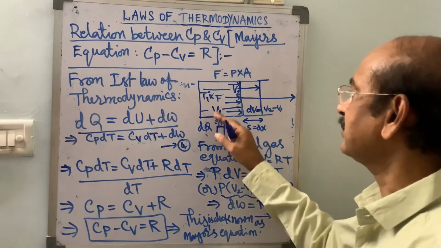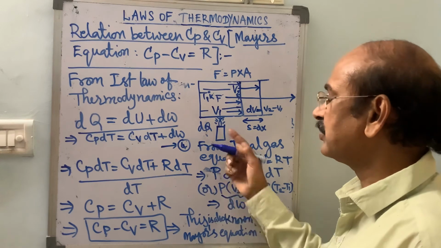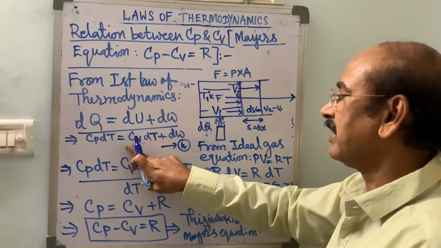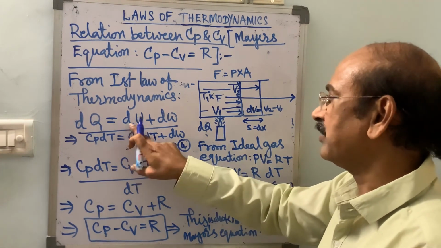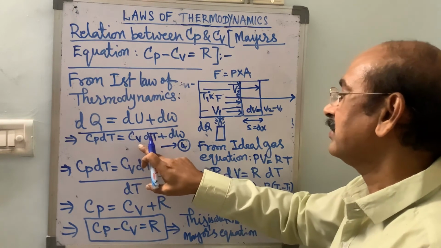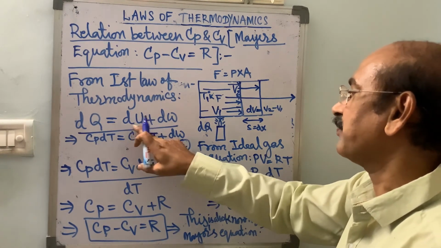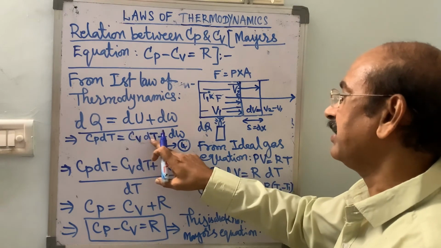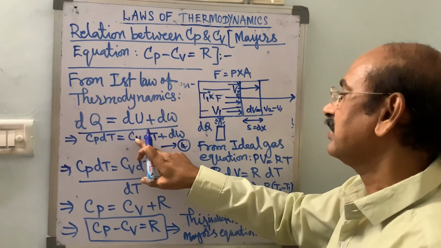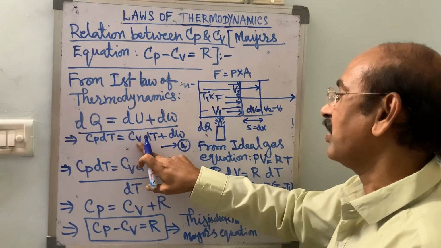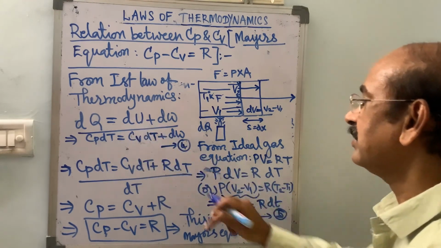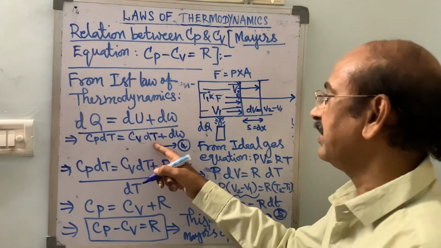Then the entire energy supplied is utilized to increase the internal energy. Therefore, dQ is equal to Cv dT, or dU. From the definition of Cv at constant volume, Cv equals dU by dT, so dU is equal to Cv dT.